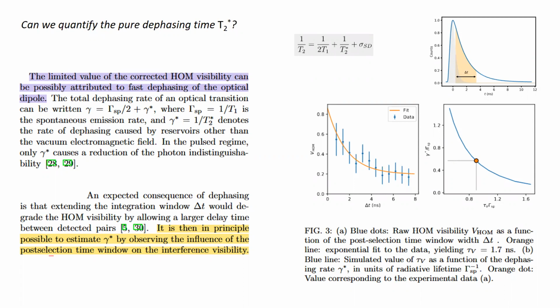Right. So I have a question. How does this plot of visibility as a function of the detection window width work? Do they move this delta t in time, or do they just change the width and keep it centered at the same position?